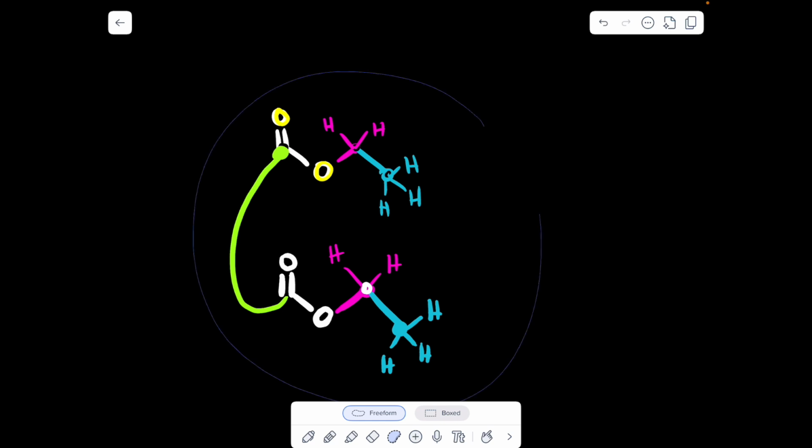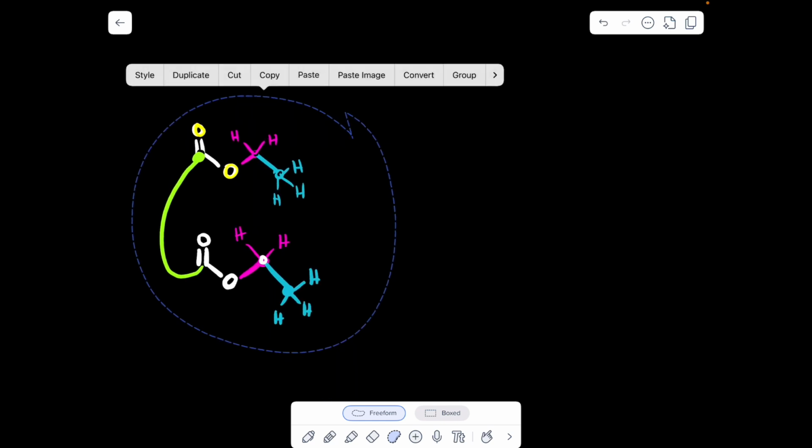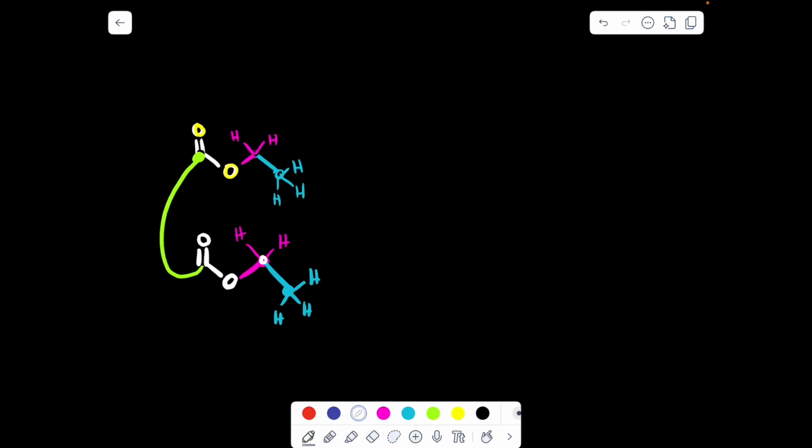Obviously, we shouldn't draw it like this, so we need to make it look a little bit nicer. So how this would look is you'd have one connected to the other one, and then your O, and then your CH2 groups, and then your CH3 groups.